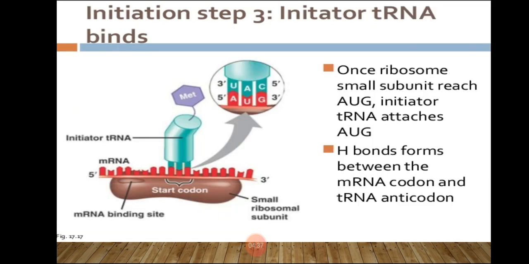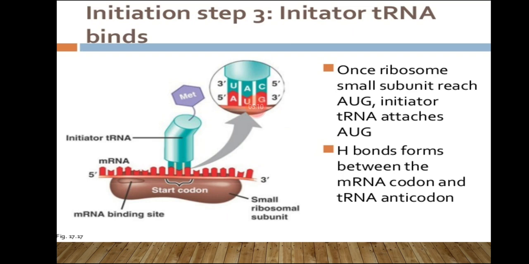Then step number 3 in initiation: once the ribosome small subunit reaches AUG, the initiator tRNA attaches to the AUG by its anticodon UAC. They are attached to each other with the help of hydrogen bonds.